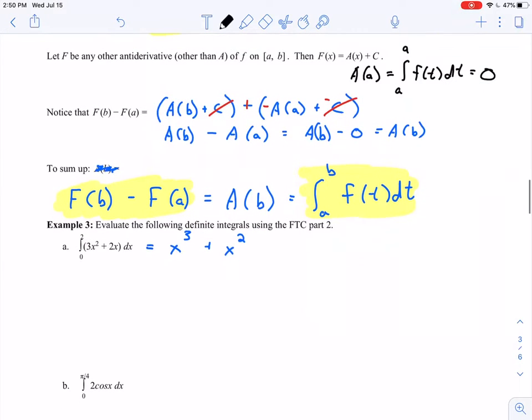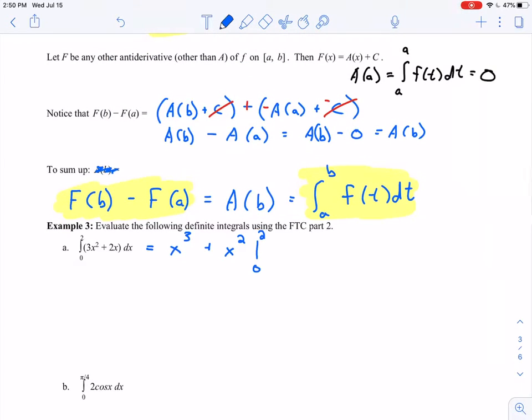So all right, we have x cubed plus x squared. This was our antiderivative, and I'd like to evaluate this at 2 and at 0. So I have 2 to the third power plus 2 squared. First I plug in my upper limit of integration. I will calculate this value, and then I will subtract.